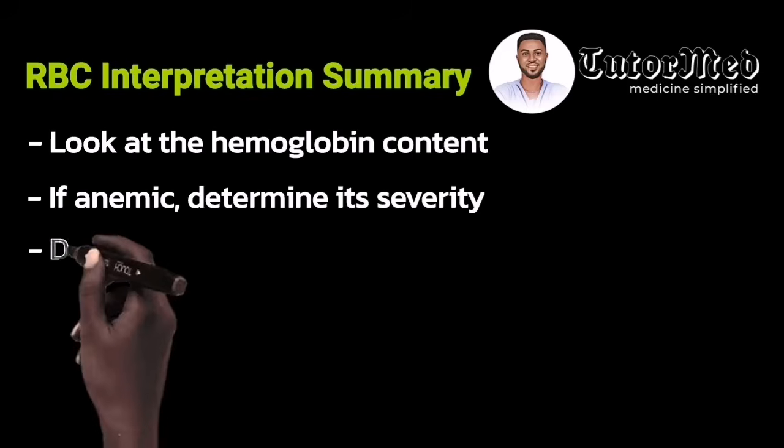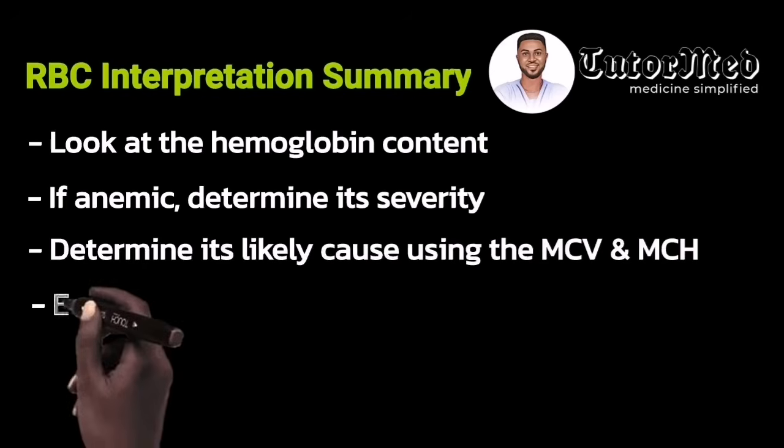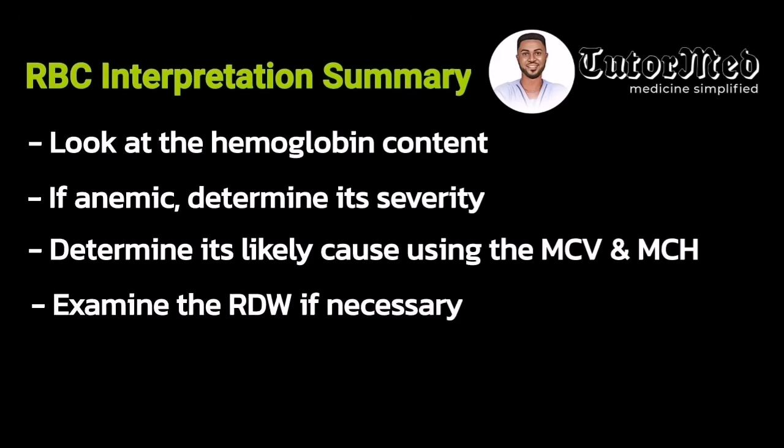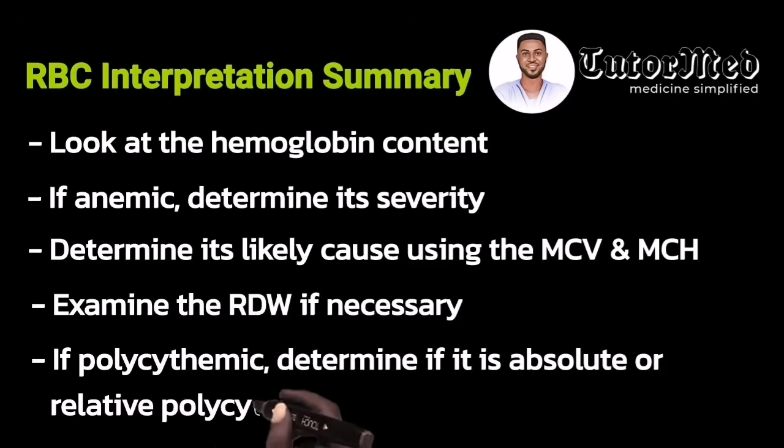And then determine its likely cause using the MCV and the MCH. Examine the RDW if necessary. If the patient is polycythemic, please determine if it is absolute or relative polycythemia using the hematocrit level and the rule of threes.